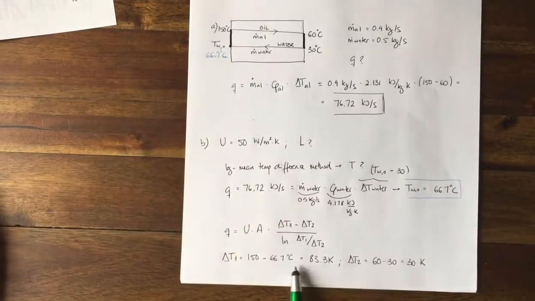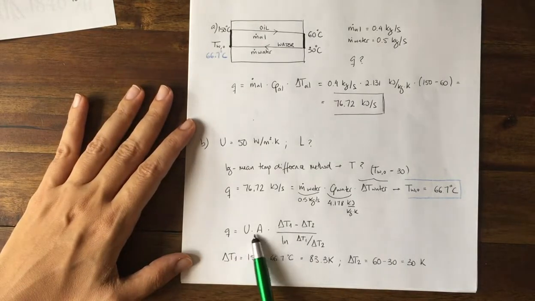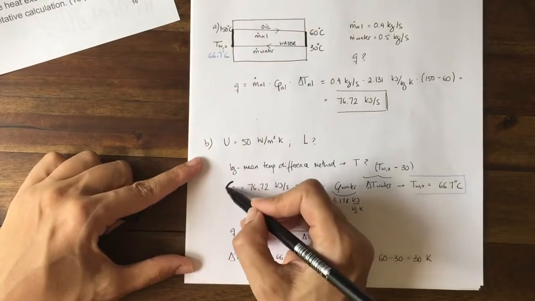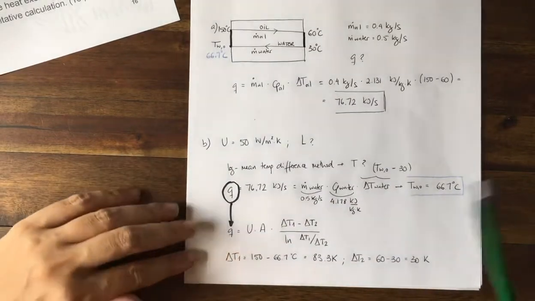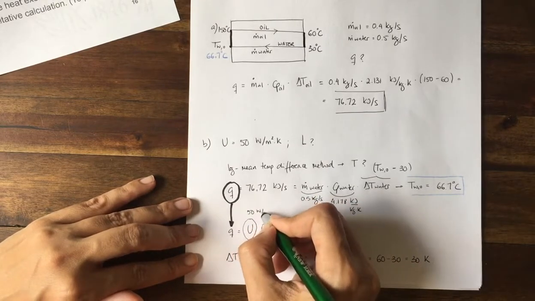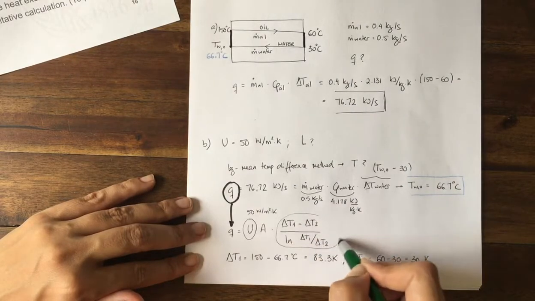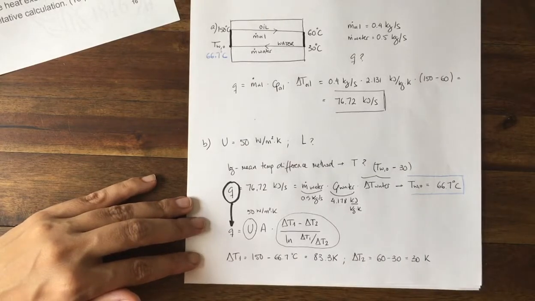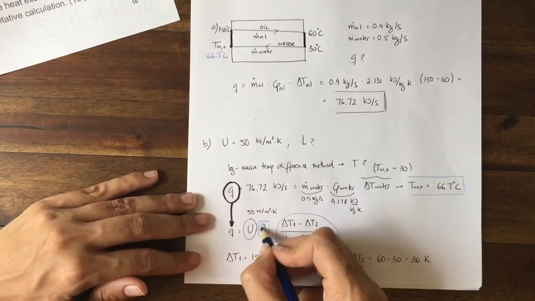So now let's calculate the area in here. The heat we know from the previous section. U is data provided by the problem, 50 watt per square meter Kelvin. This expression here we can calculate because we know delta T1 and delta T2. So the only parameter that we don't know is the area.